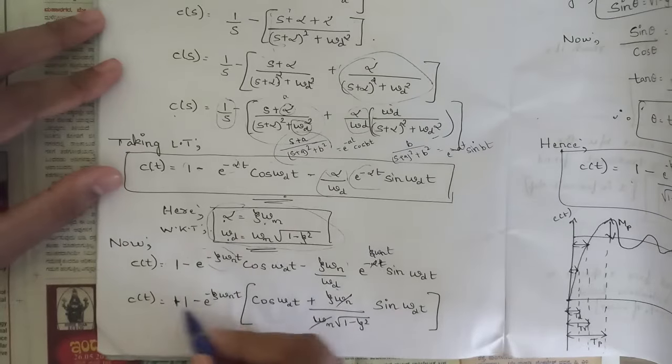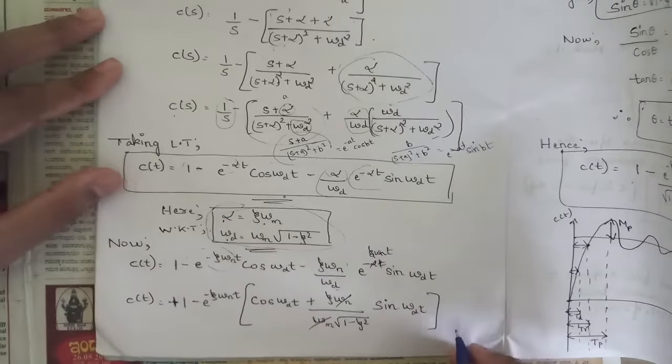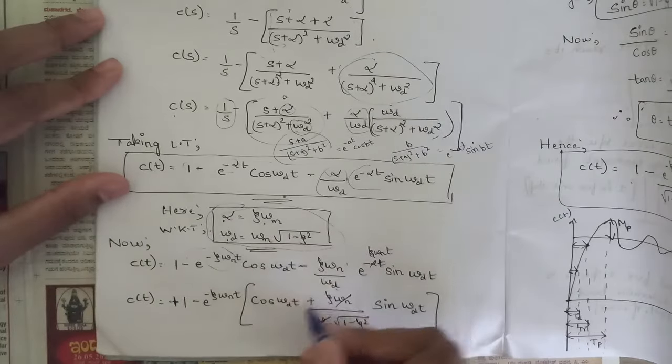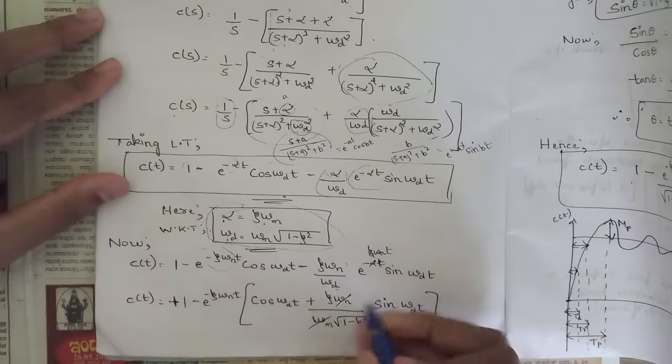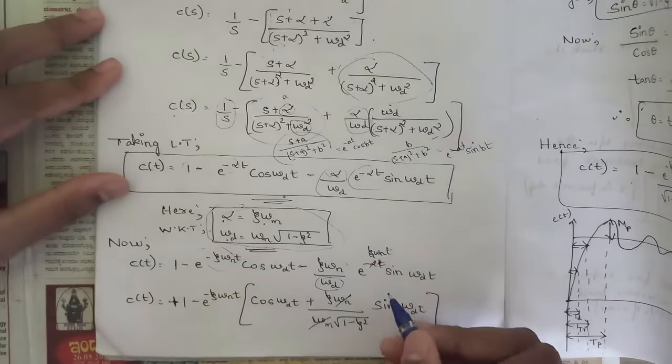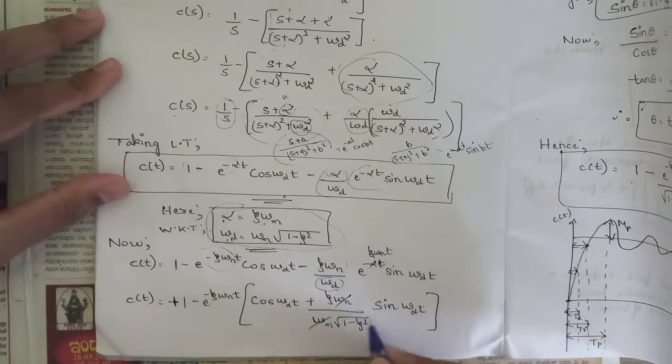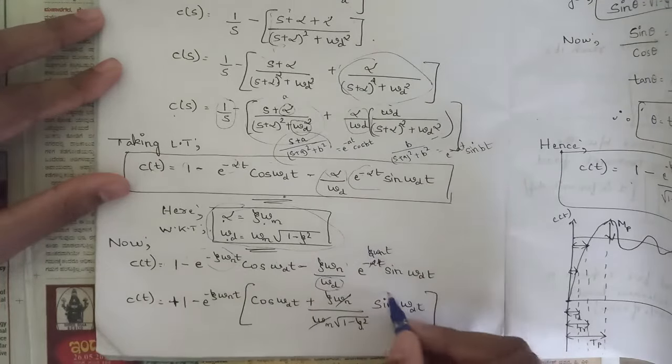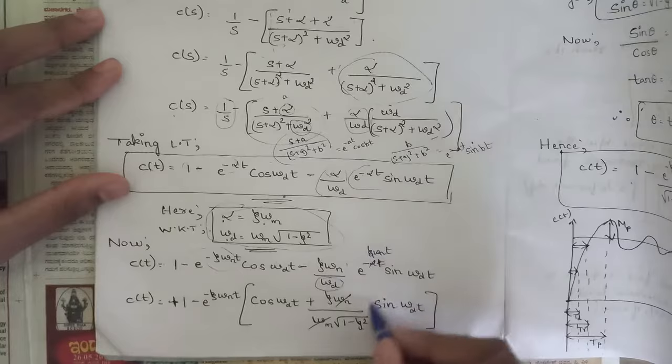This is plus 1, and in the bracket the remaining terms, that is cos omega dt plus, since here we have minus, if we take the bracket it will be plus, zeta omega n divided by, in place of omega d we write omega n into square root of 1 minus zeta square, into sin omega dt, since we have taken e to the power minus zeta omega nt common outside.